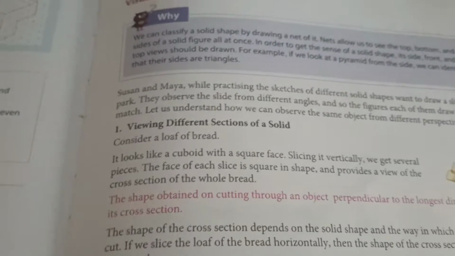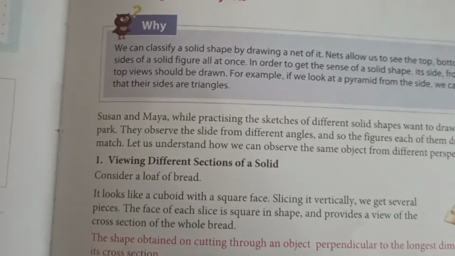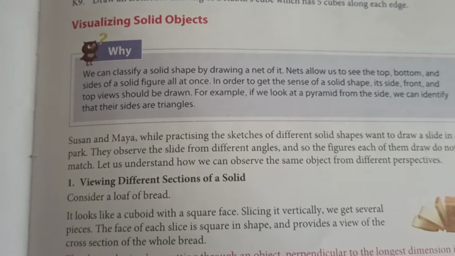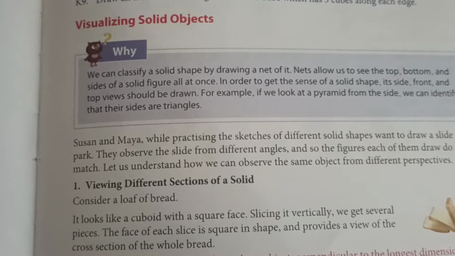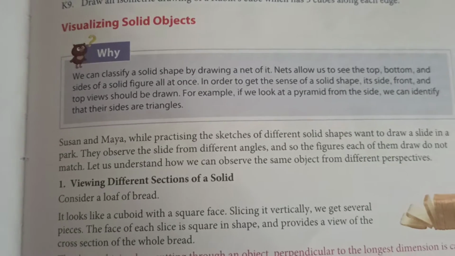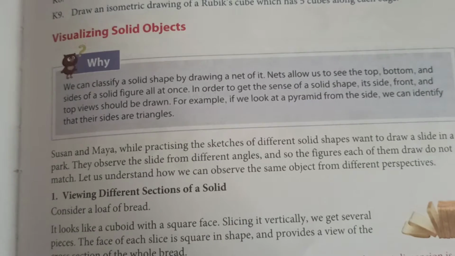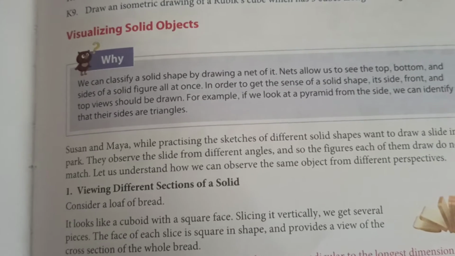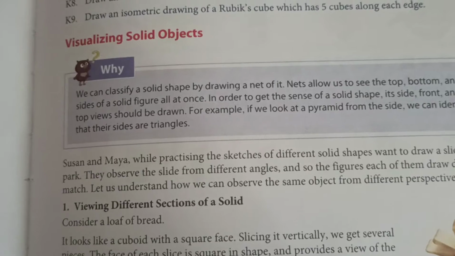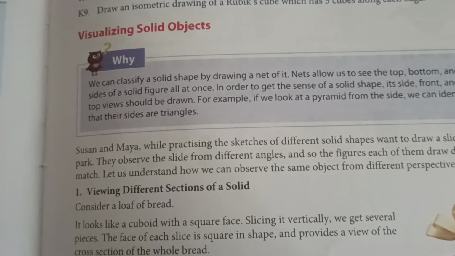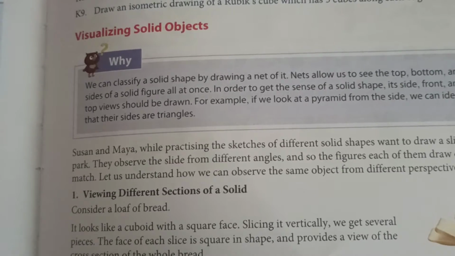So here, see why we do this. We can classify a solid shape by drawing a net of it, right? And net we have drawn. Nets allow us to see the top, bottom, and sides of a solid figure all at once, right?